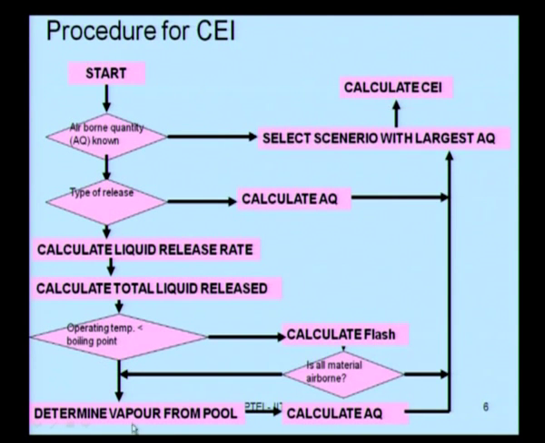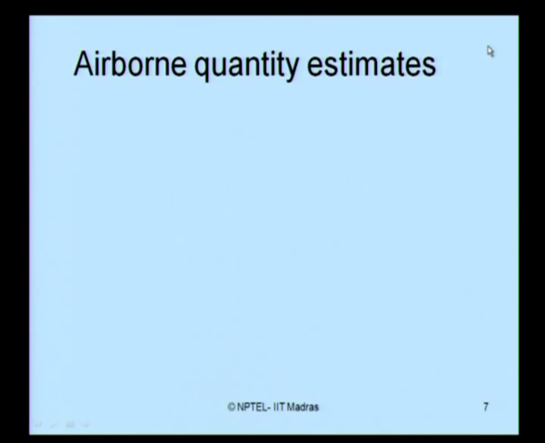Whether it is a vapor release or a liquid release, and even for a liquid release, whether the operating temperature is below or above the boiling point, all these issues should be understood in advance before I do a chemical exposure index analysis for a specific toxic release. Now the question comes: how to estimate the airborne quantity?